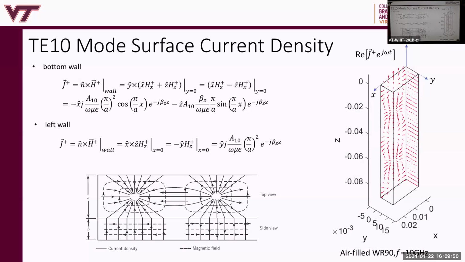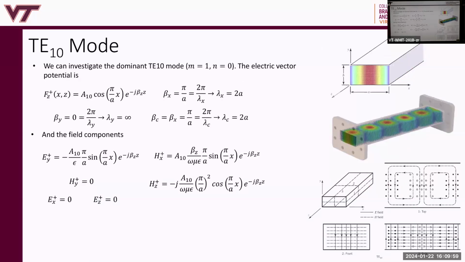Okay. Now, we're going to look at the TE10 mode surface current density. So the first thing that we can see is that this modal profile, this TE10 mode, is traveling down the waveguide. So we can expect that the magnetic field associated with it forms closed loops around the minima and the maxima. So if this red spot, for example, is a maximum of the electric field coming out of the board, the next one will be a minimum going into the board.